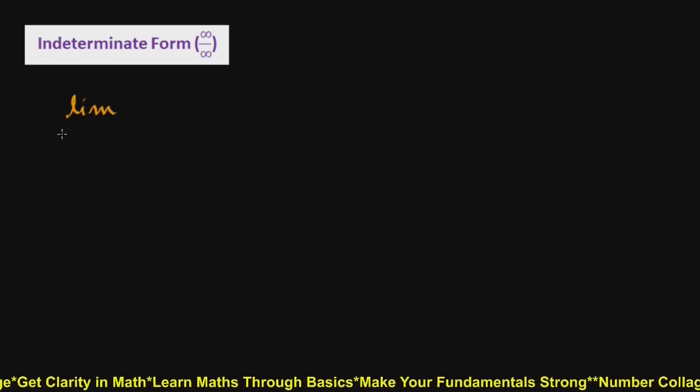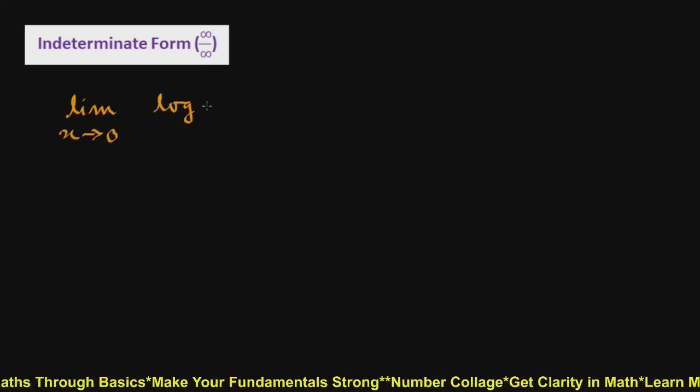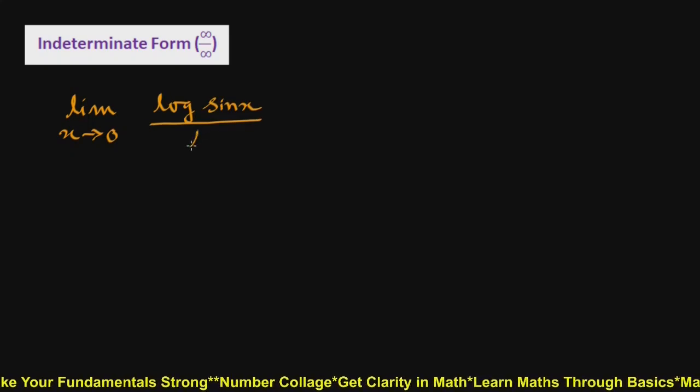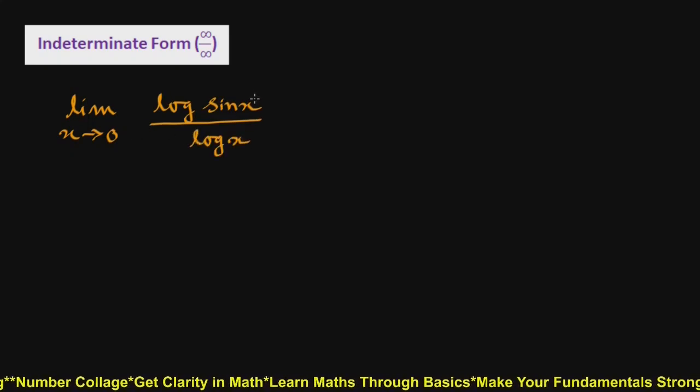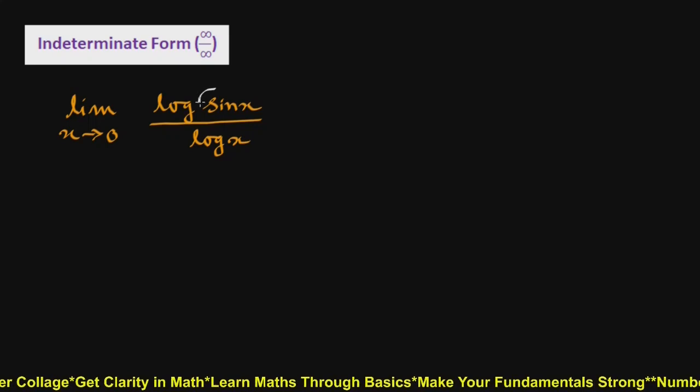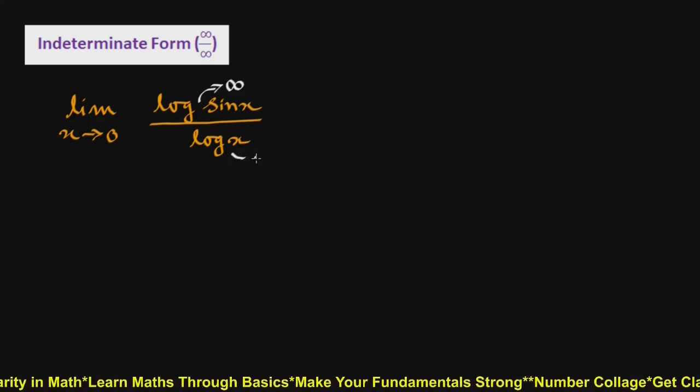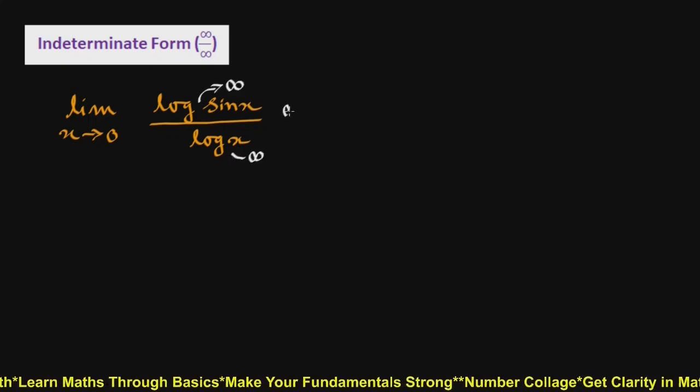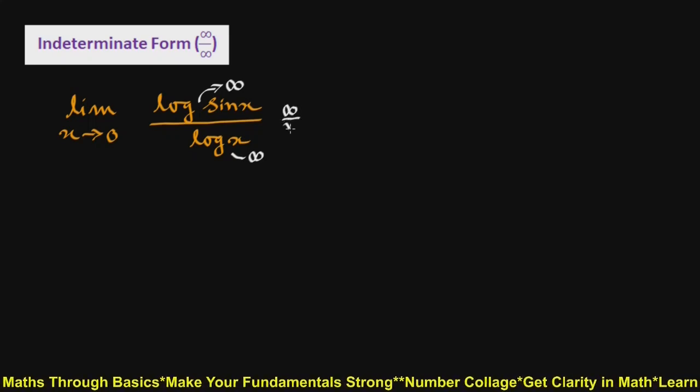Evaluate limit as x tends to 0 log sin x upon log x. Here sin 0 is 0 and log 0 is infinity. So this is an infinity upon infinity indeterminate form.